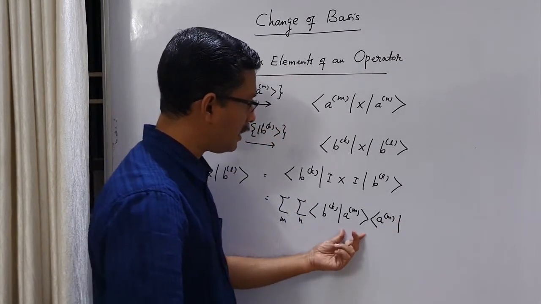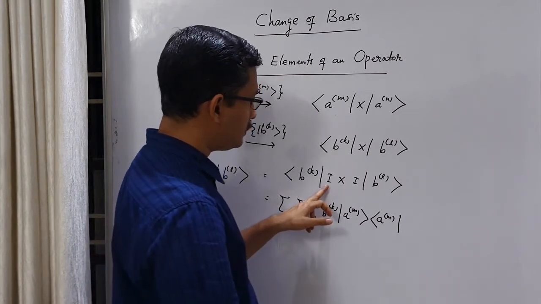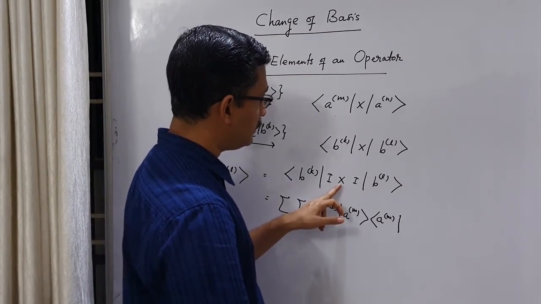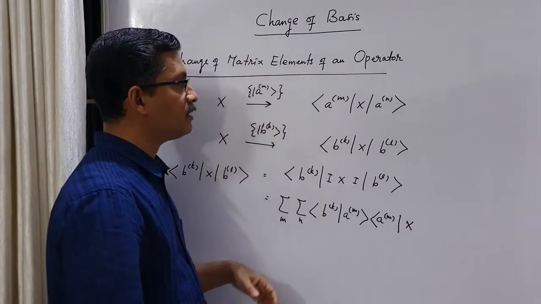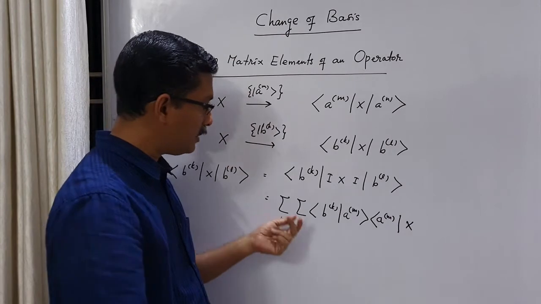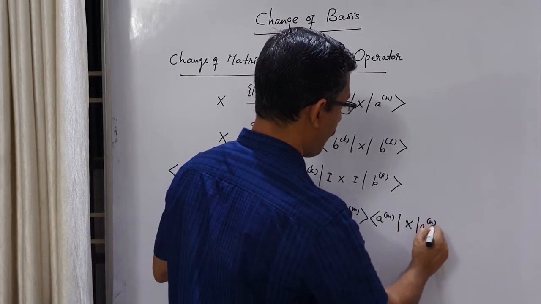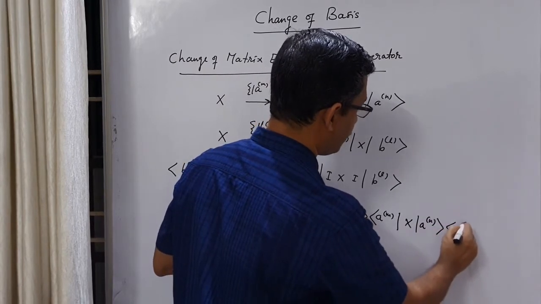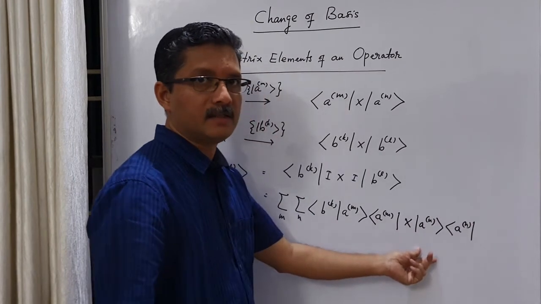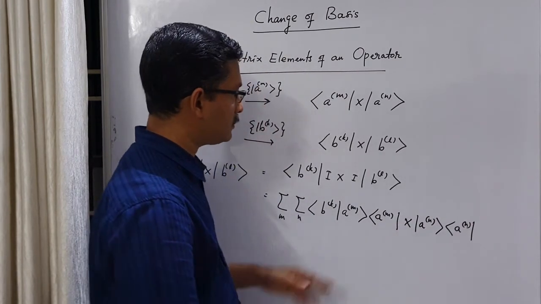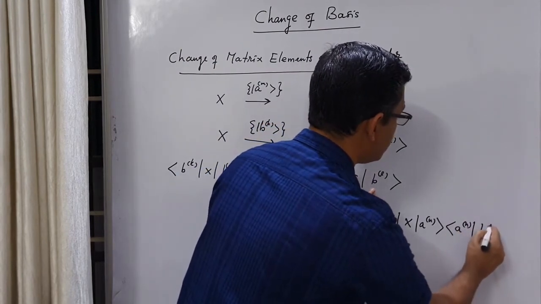Sum over M of ket AM bra AM is identity. Then this operator X is there. For this identity, again use the completeness condition of the old basis using a different index N, so we have ket AN bra vector AN. Again, sum over N of ket AN bra AN is identity because of the completeness condition of the old basis. And one more factor is there, this ket BL.